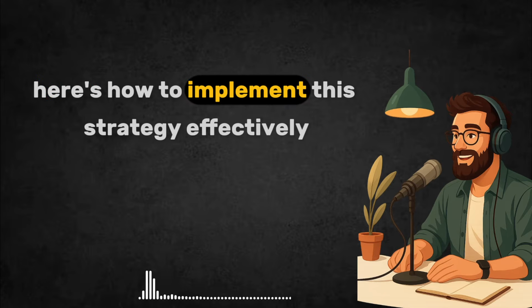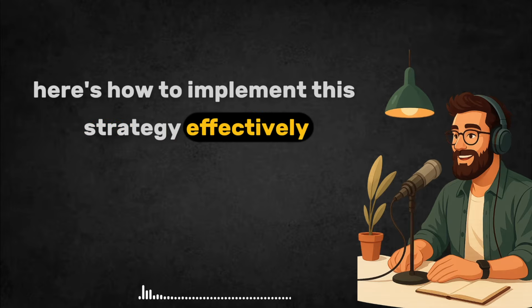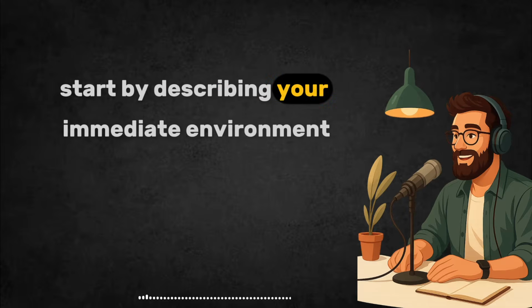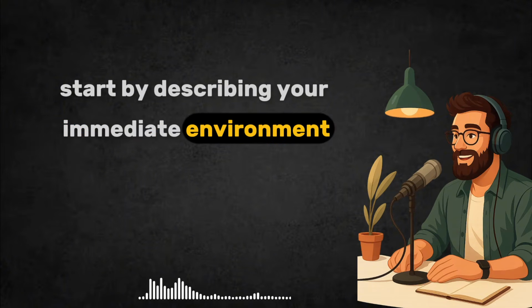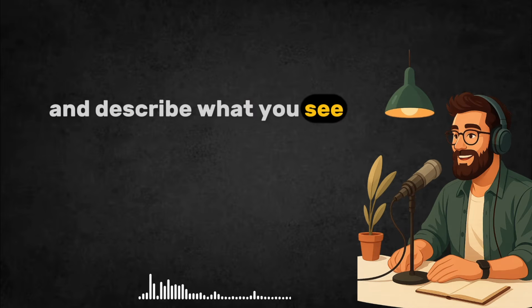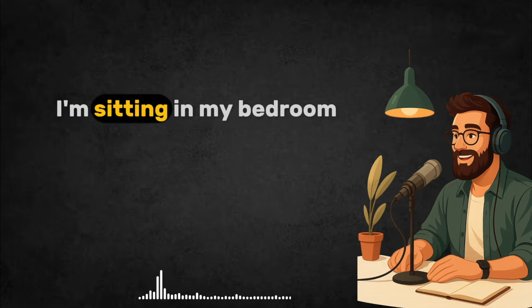Here's how to implement this strategy effectively. Start by describing your immediate environment. Look around the room you're in right now and describe what you see. I'm sitting in my bedroom.